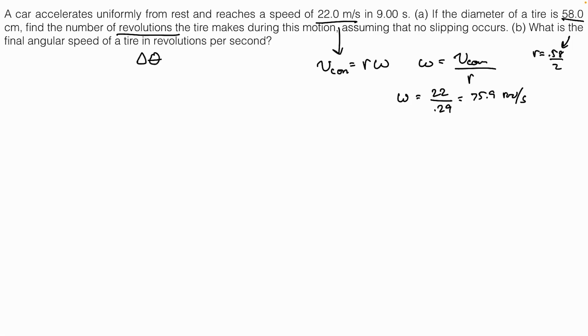Okay, let's make a list. We know the final omega, 75.9 radians per second. What's the initial omega of the tire? 0, starting at rest, right? Do we know the angular acceleration of this thing?